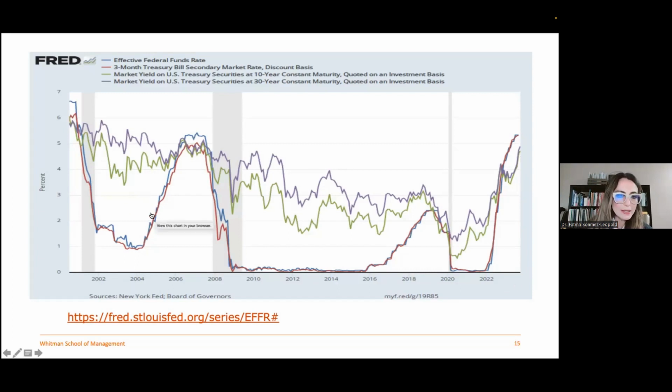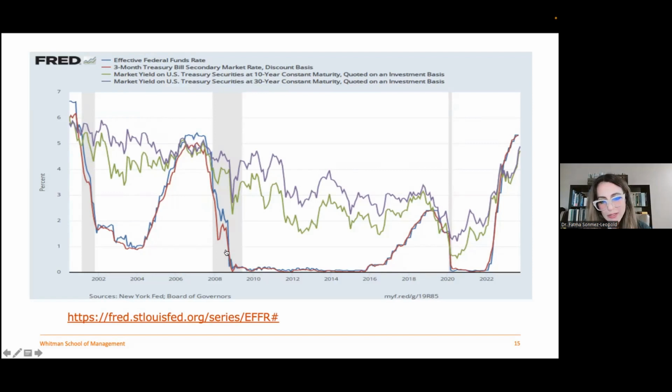In this graph, the blue line is the effective federal fund rate, which is the federal fund rate set within a target range by the Federal Reserve Bank to control inflation and bring it to the target rate of 2%. The red line here is the 3-month Treasury bill, which is short term. The government is borrowing for 3 months. If you look at that, it's almost identical.